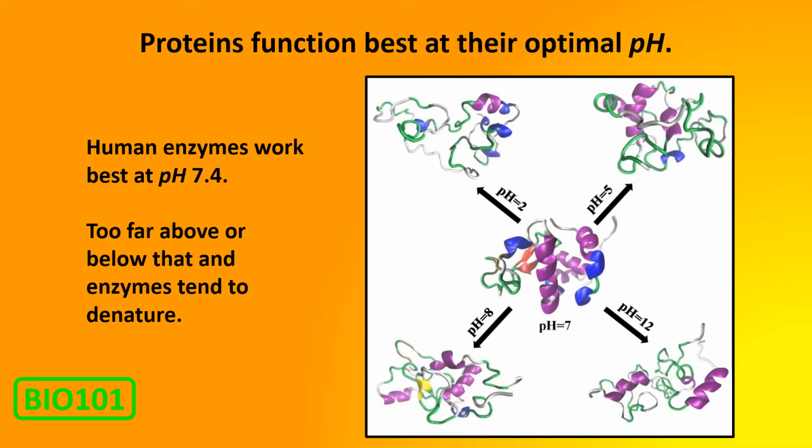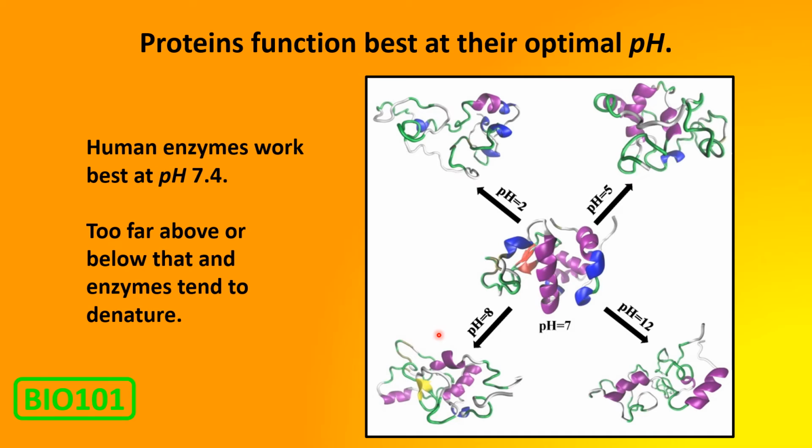So here we see 7.4, 7.3, 7.25, somewhere in there. Very, very close to neutral. That's when human enzymes work their best. Too far above or below that nominal pH, close to neutral, your enzymes denature.